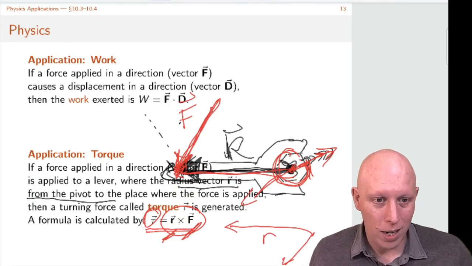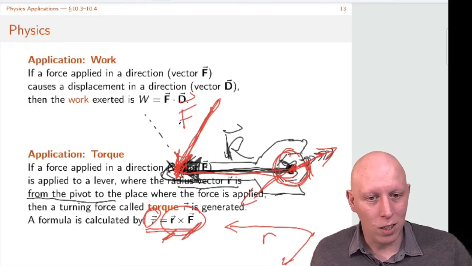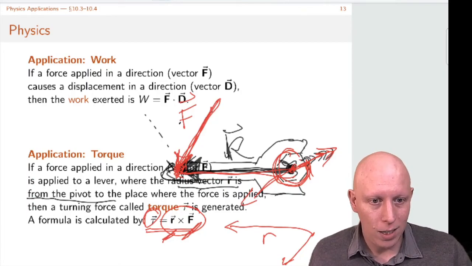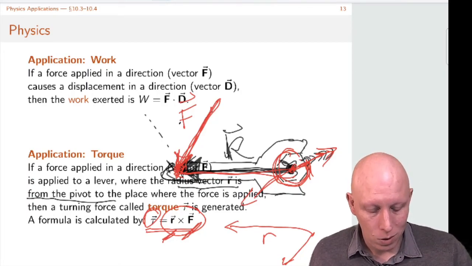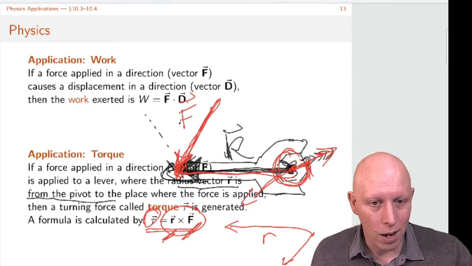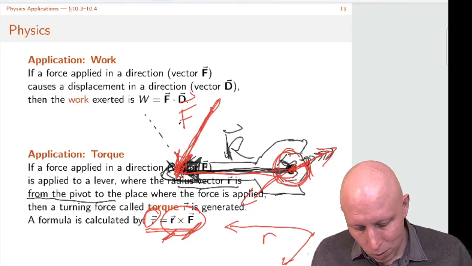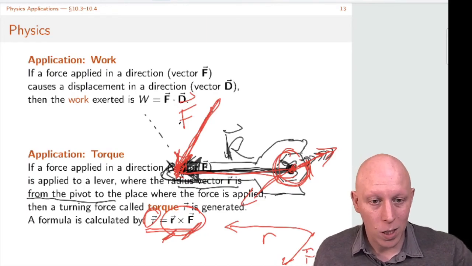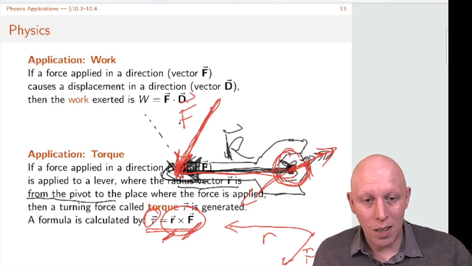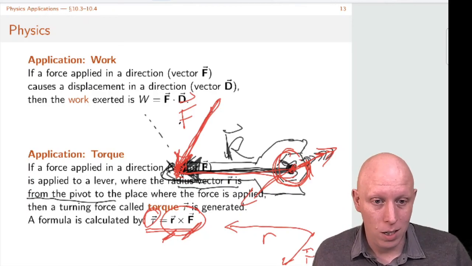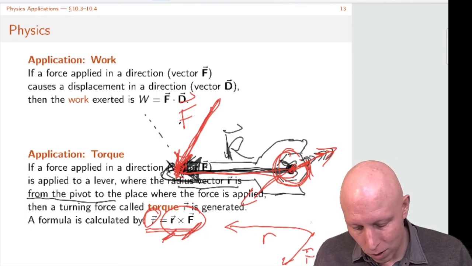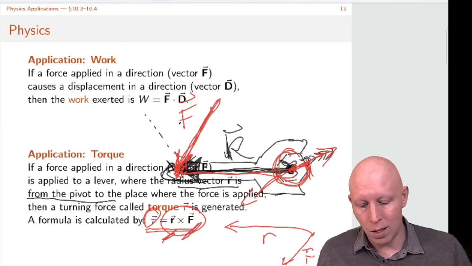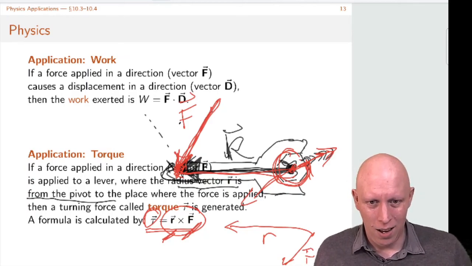I'm going to put my right hand in the direction of R, and see which way I have to travel to go to the F vector. And when I put my right hand on the R vector and swing it to the F vector, I see that my thumb is pointing upward. And so this is telling us that the screw is getting a pull in the outward direction.